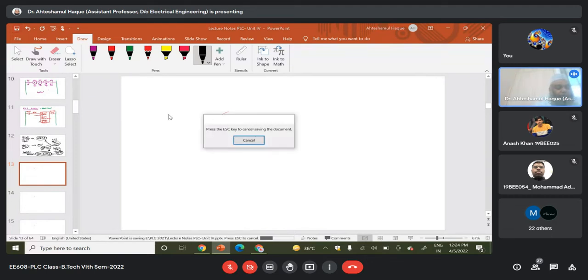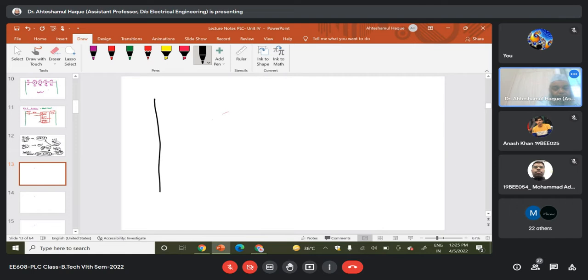So in coil format, I have again a contactor.